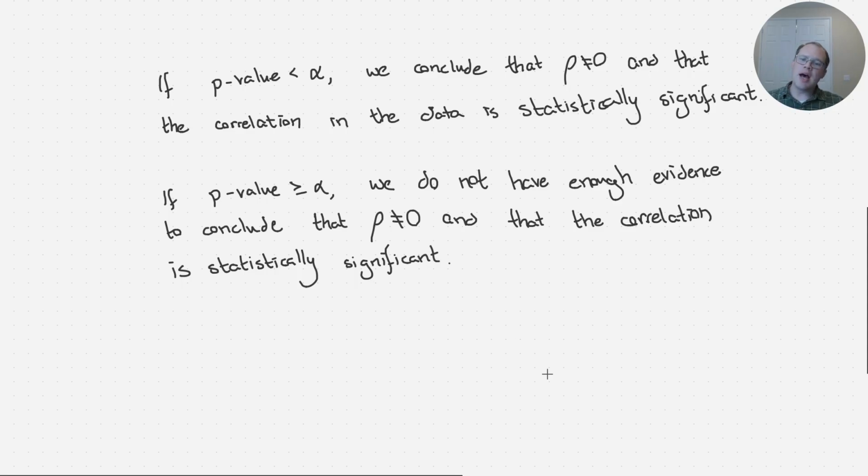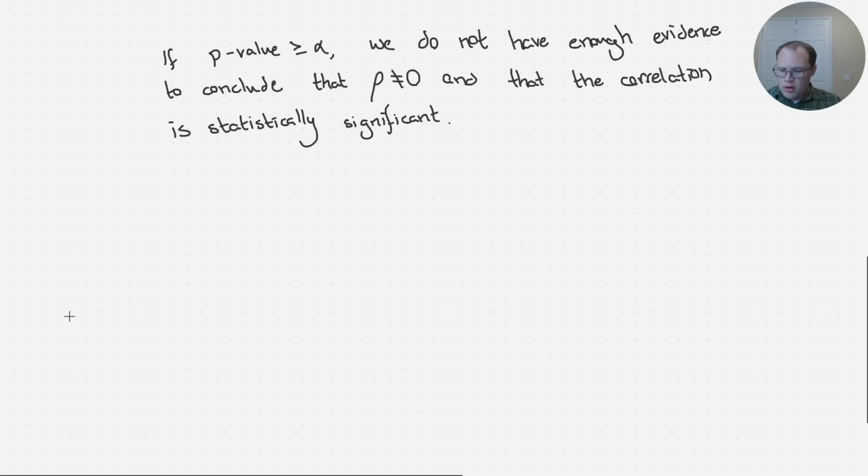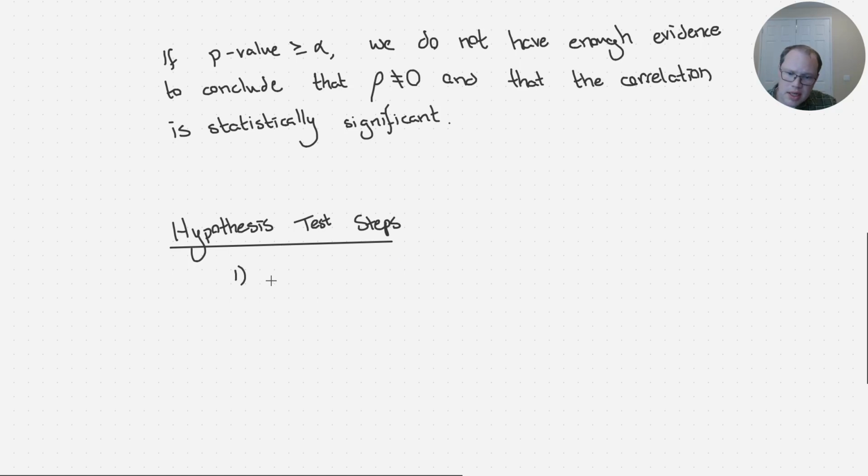The steps involved in a hypothesis test are still the same as they've always been. Okay? Hypothesis test steps. 1, we're going to state our null and alternative hypotheses. We just discussed what those are going to be for a test for the correlation coefficient, right?